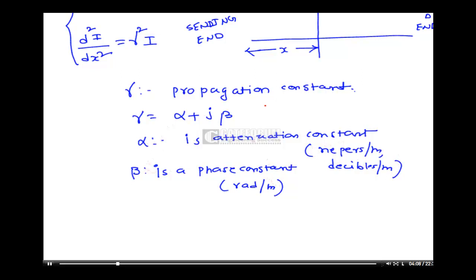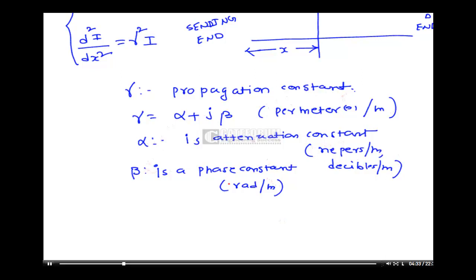Generally, even though we call gamma a propagation constant, it has units per meter. That is, we can say per meter. The unit, generally in terms of length, we can measure for a propagation constant. Of course, we are calling it a constant here, but that doesn't mean that it doesn't have any unit.